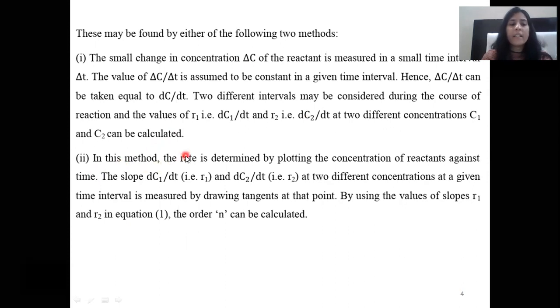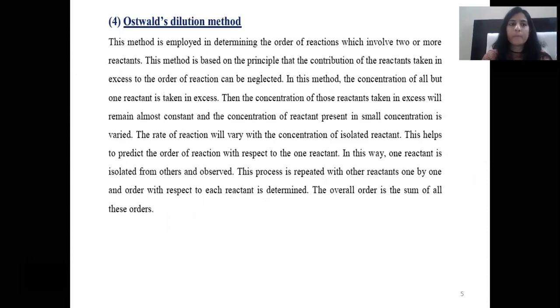In the second method, the rate is determined by plotting the concentration of reactants against time. The slope dC1 by dt, that is R1, and dC2 by dt, that is R2, at two different concentrations at a given time is measured by drawing a tangent at that point. By using the values of slopes R1 and R2 in equation 1, the order of reaction can be calculated.